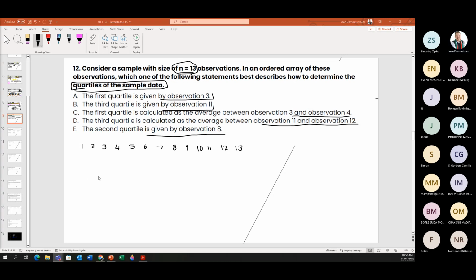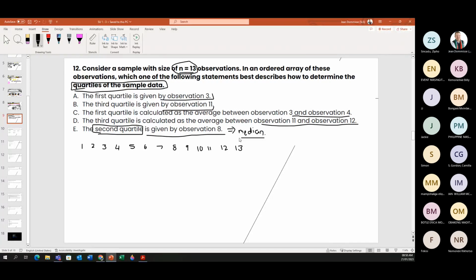So the second quartile is the one in the middle. The second quartile is the same as the median.